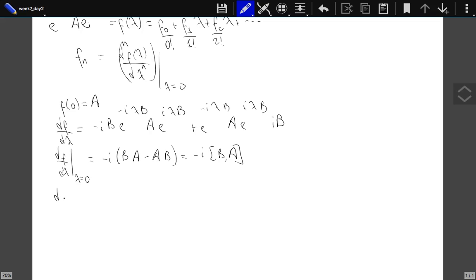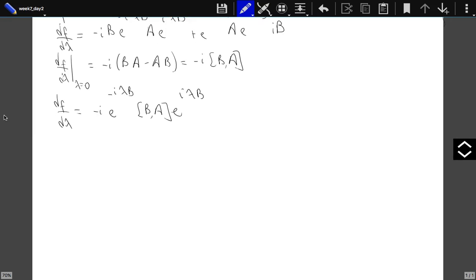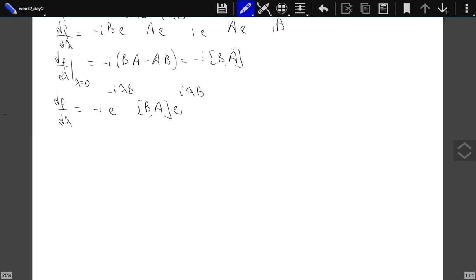Now let me rewrite this df by d lambda in a slightly different form. This is minus i e to the power minus i lambda B, the commutator of B and A, e to the power i lambda B. So basically taking the derivative of f with respect to lambda replaces A, whatever is in between those exponentials, with its commutator with B, with an additional factor of minus i.